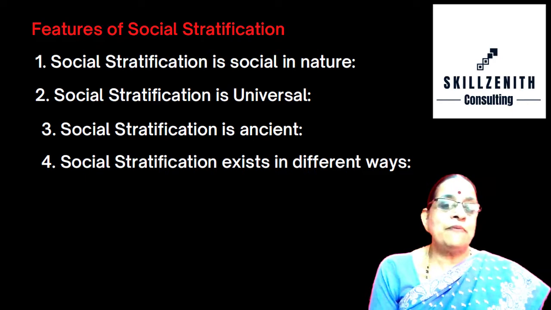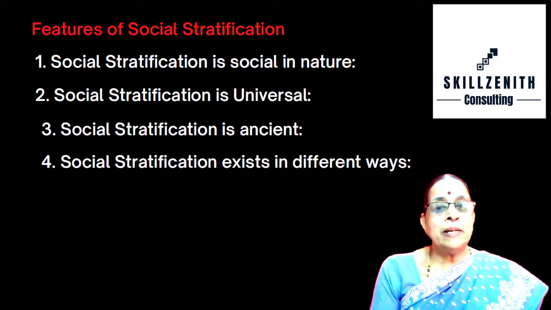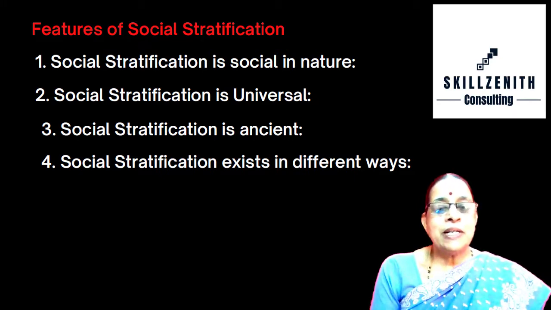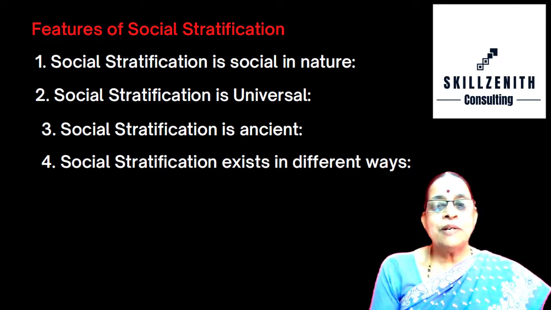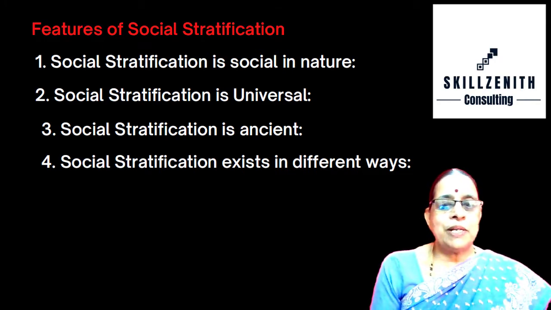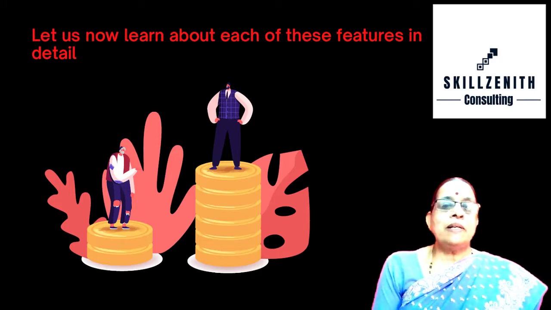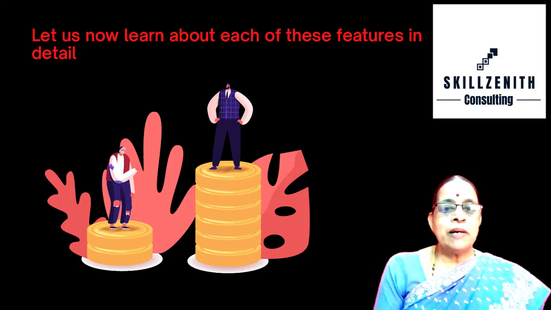Social stratification is ancient. It is not a new thing. It started in the primitive society or ancient society itself. This concept is not new to Indian society. Social stratification exists in different ways, that means there are different types of social stratification. Now let us learn about each of these features in detail, one by one.